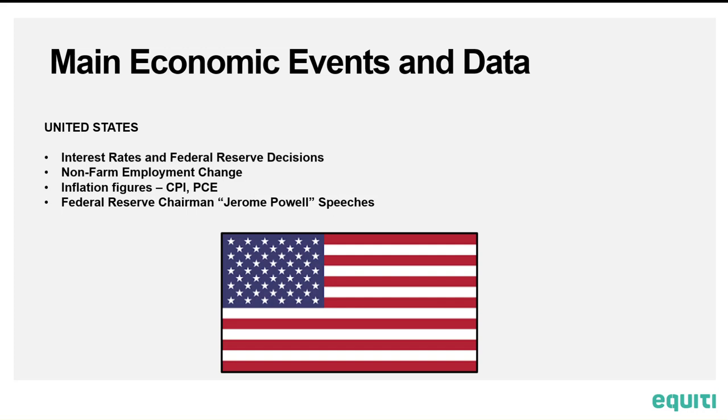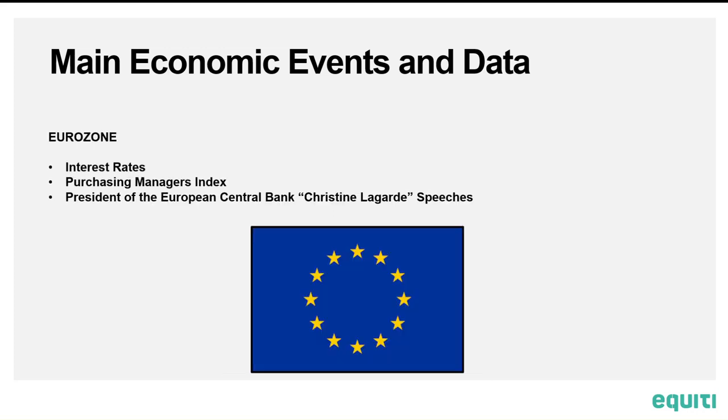Also, Jerome Powell's speeches and what he says or signals about specific market conditions. Is he going to be hawkish or dovish? Depending on what kind of statement he makes, it's basically taken as a signal and then implemented in a trade. The Eurozone has interest rates, Purchasing Managers Index, and the speeches of Christine Lagarde, President of the European Central Bank.